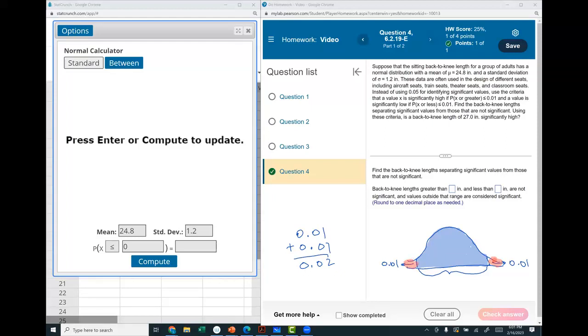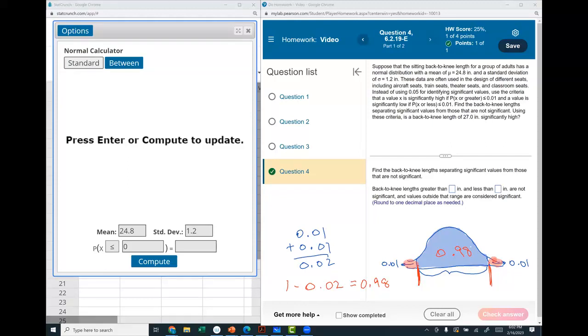But this graph is symmetric. So basically what I want is 1 minus 0.02, which is equal to 0.98. I want this area, don't I? And I want to know what numbers bound that area.